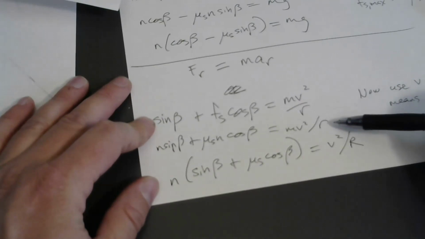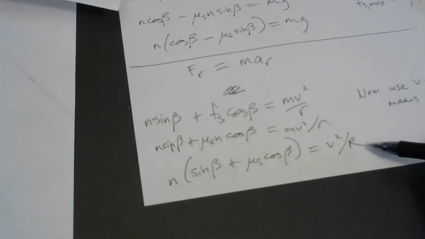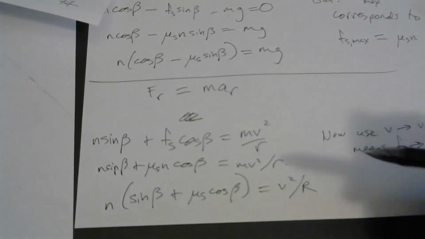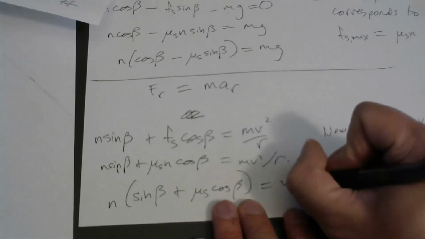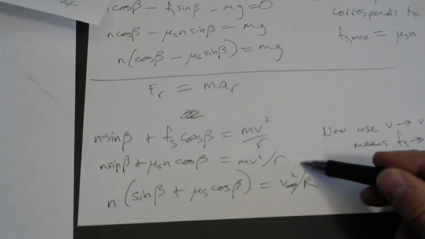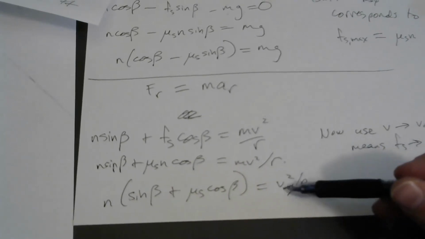I'm switching back and forth between little r and big R. That's a mistake on my part. They mean the same thing. I really should have specified, this is the max possible speed, right? V max squared over R. This is what we're interested in.